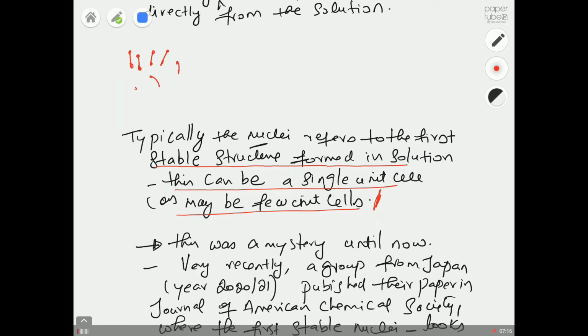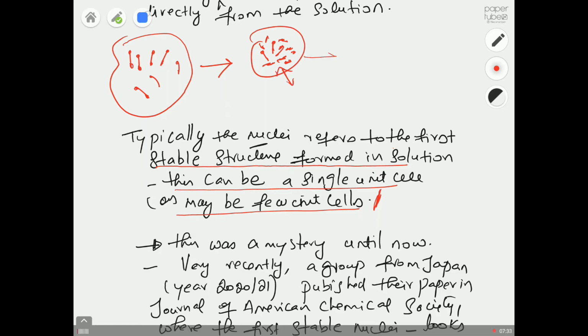Just assume these are your solute particles, dissolved in your solution. The initial step will be, they will be randomly arranged. They will come together, and then after some time they will recognize each other, and then they will settle into ordered structures.